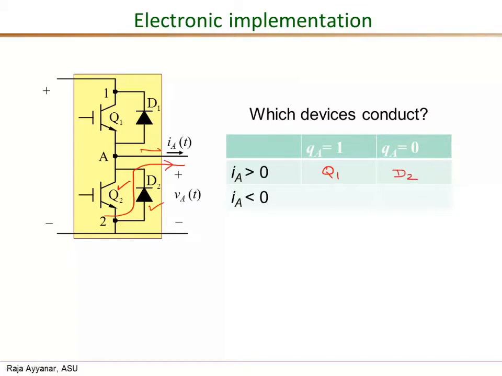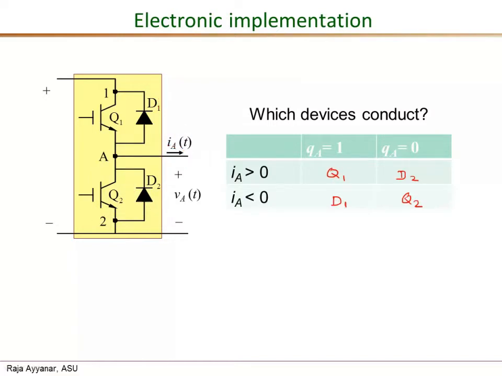Similarly, if you consider the case where IA is negative, meaning the current is actually flowing in this direction, okay, then when Q is 1, only D1 can support a current in this direction, and the conducting device for IA negative and QA equals 1 is D1. Okay. And the last case is when QA equals 0 and the pole current IA is still negative. Then we can see that the current direction is like this into Q2. So therefore this is Q2. Okay.